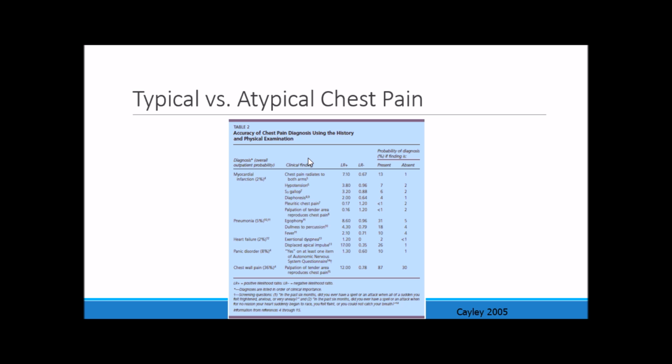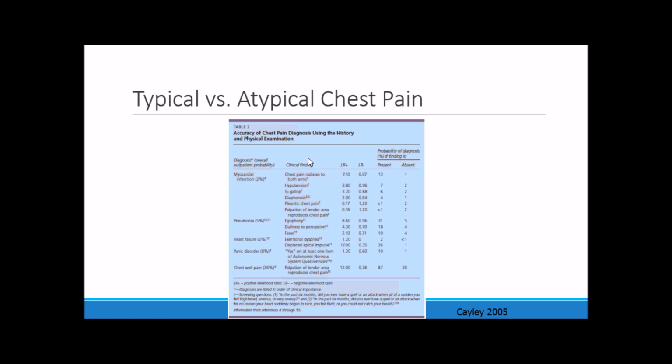Now, if you could possibly read this, what you will see is likelihood ratios of patients who have a known diagnosis of MI and what the clinical finding was. So who knows? If a likelihood ratio is greater than 1, what does that tell you?